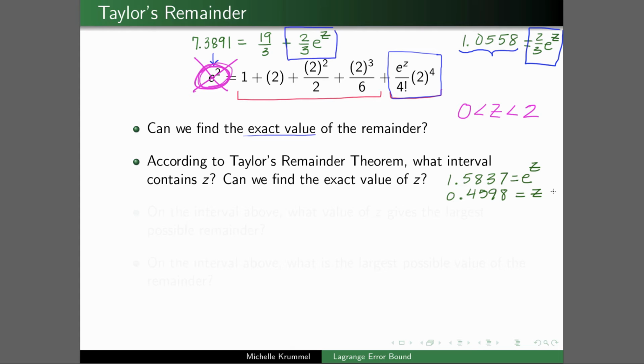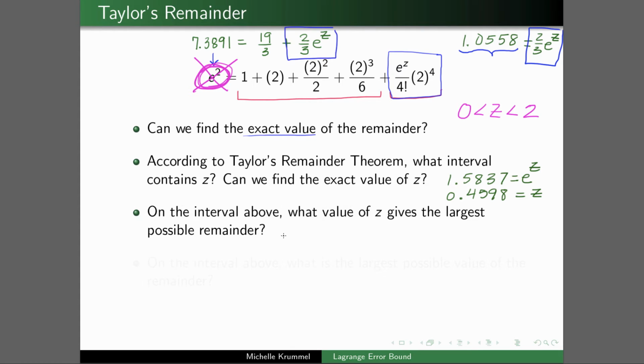If we didn't do that, if we did not compute e squared, then on the interval between 0 and 2, what value of z gives the largest possible remainder?